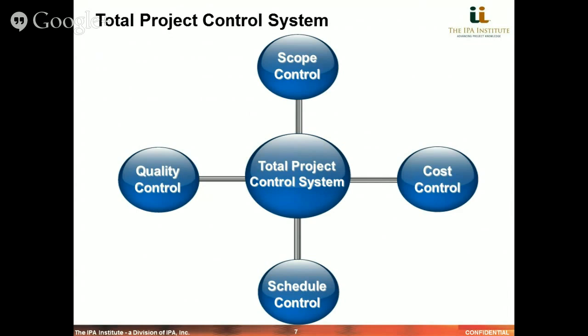But scope control, and as a part of that, obviously, cost control, schedule control, and then finally quality control, all together form a total project control system. So our discussion is primarily focused around a total project control system, but for the most part, we will be focusing on best practices around cost control.